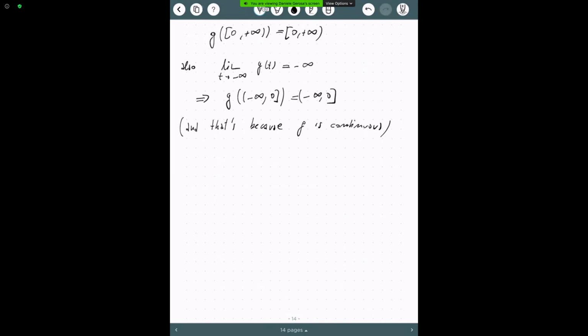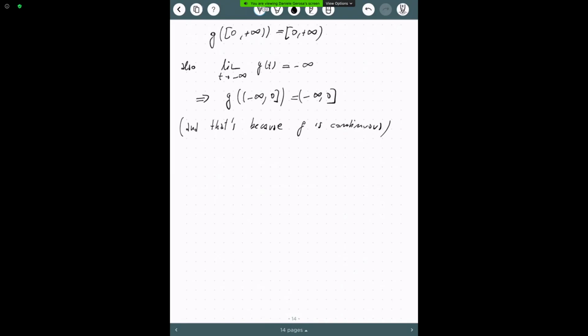So continuous functions send connected sets into connected sets, which is literally what we call the intermediate value theorem in Analysis 1, and then this will be called simply connectedness of the image of a continuous function.